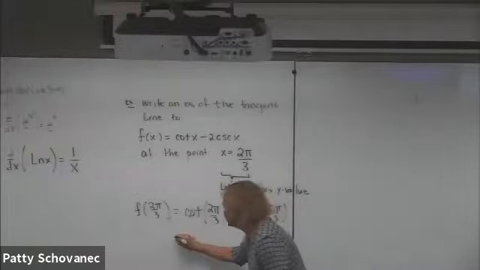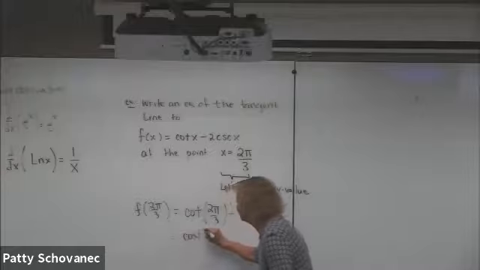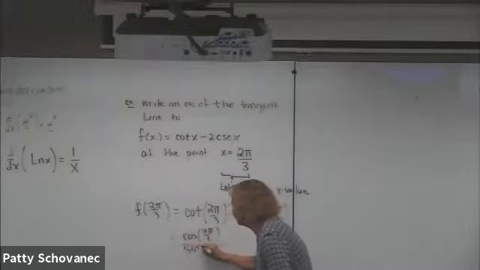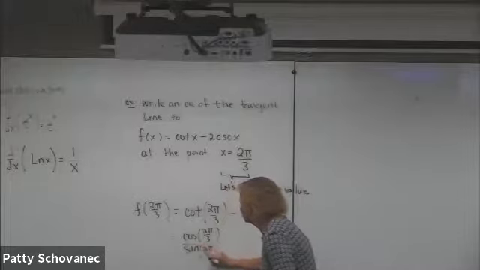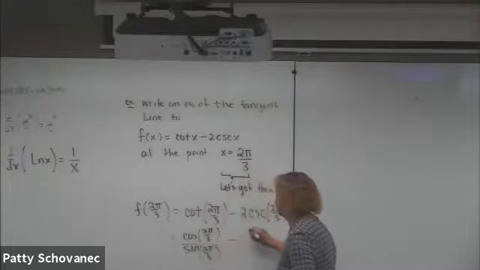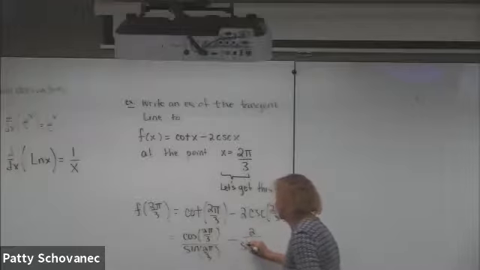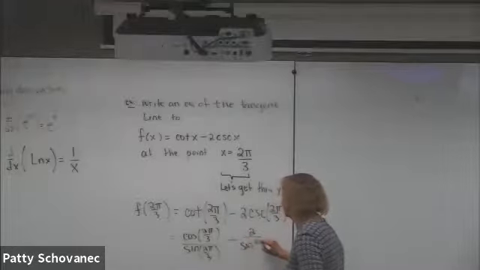So you need the cosine of 2 pi over 3 divided by the sine of 2 pi over 3, minus 2 over the sine of 2 pi over 3.